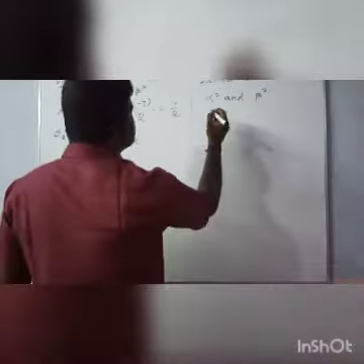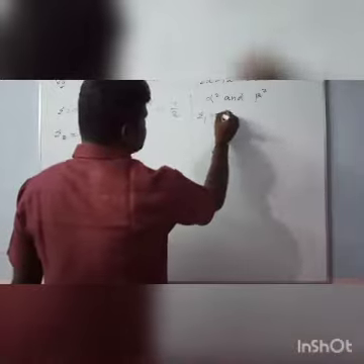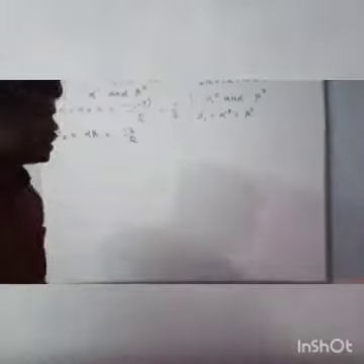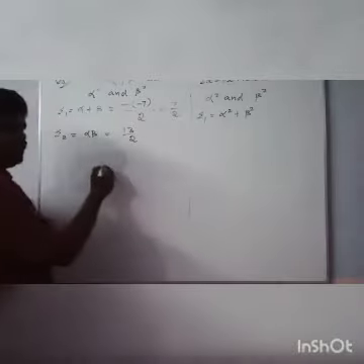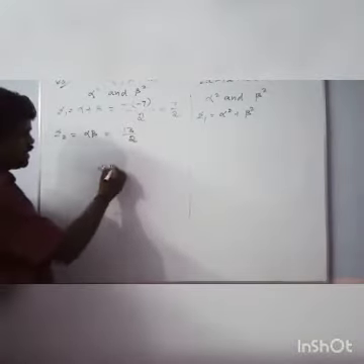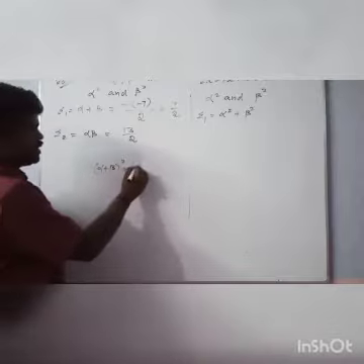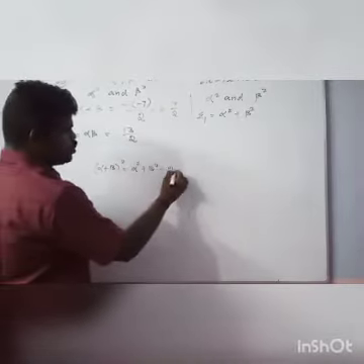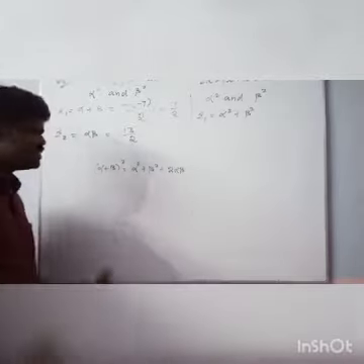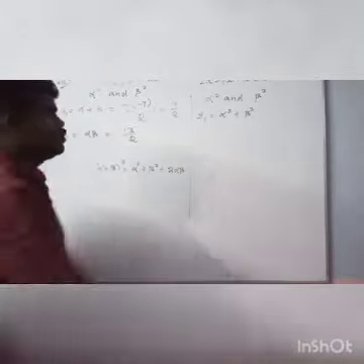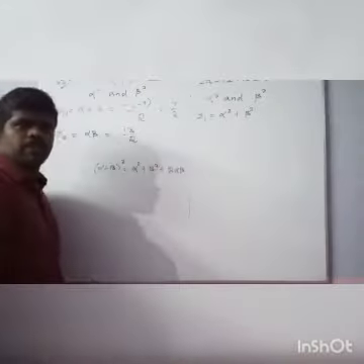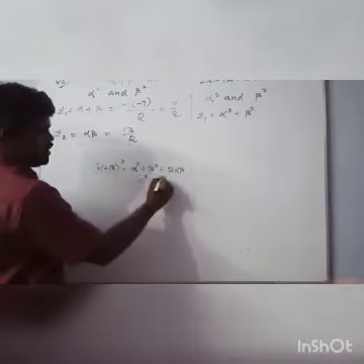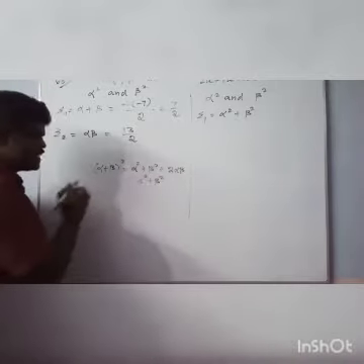Okay. The summation 1 value is alpha square plus beta square. Do you know the formula? Alpha plus beta the whole square is equal to alpha square plus beta square plus 2 alpha beta. This is a plus b whole square. Now we want only alpha square plus beta square. So take 2 alpha beta to that side.